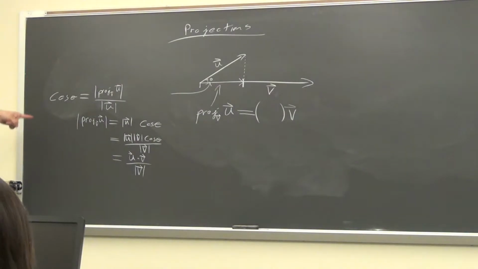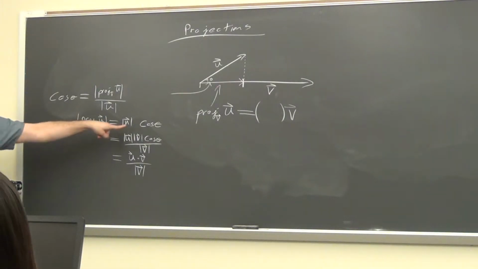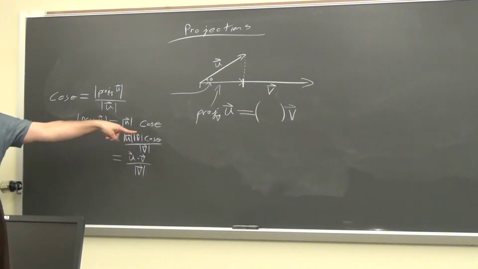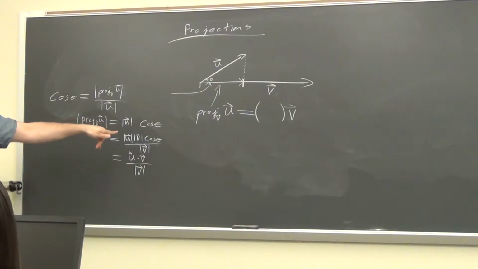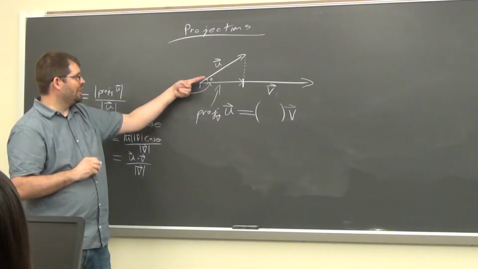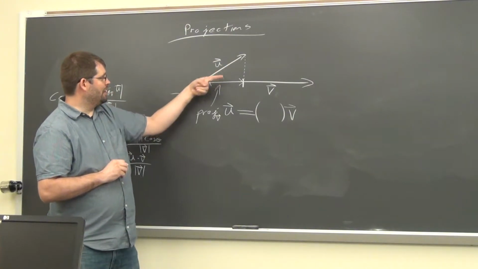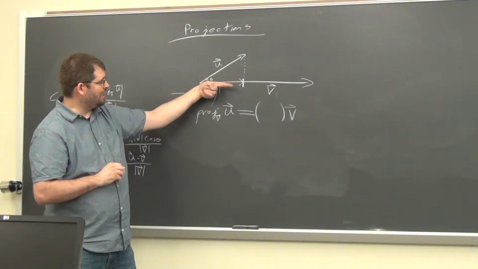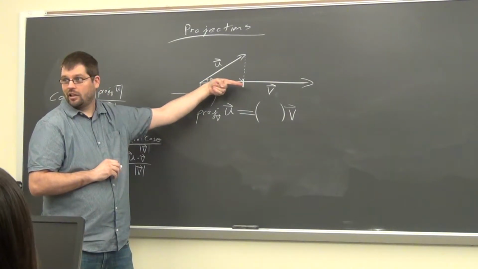And I've lied to you here, because I said the length of this projection was that. This could now be negative, because the cosine could be negative, or the dot product can be negative. I want to allow that, because if your angle is less than 90 degrees, your length should be positive, since you're pointing in this direction.